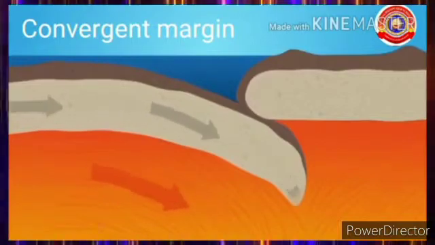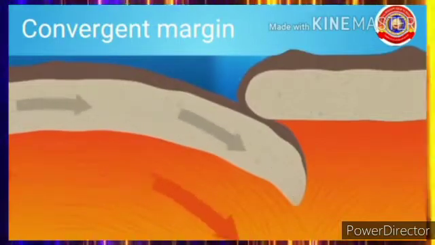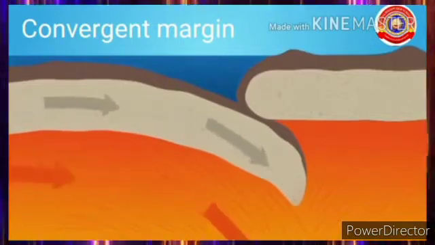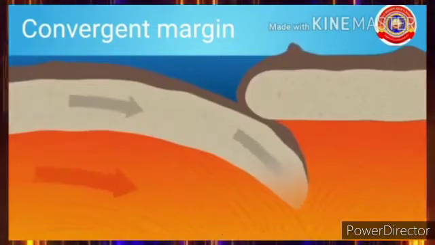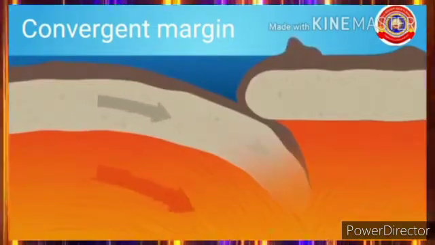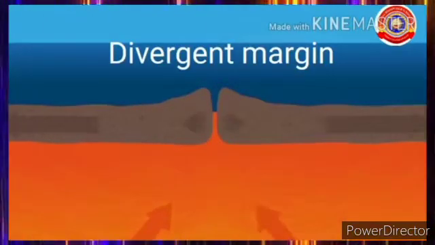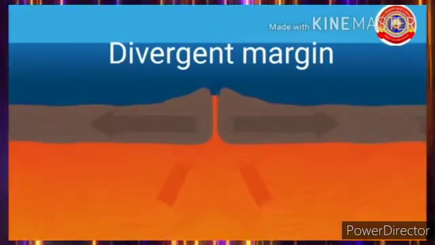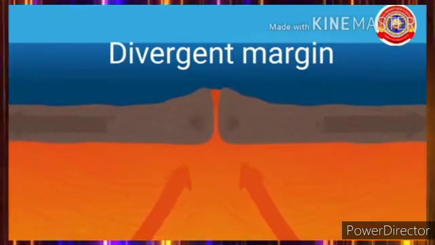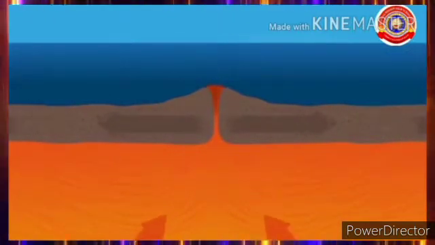Next one, convergent margin. If the plates move towards each other, it is called a convergent margin. Last one, divergent margin. If the plates move away from each other, it is called a divergent margin.